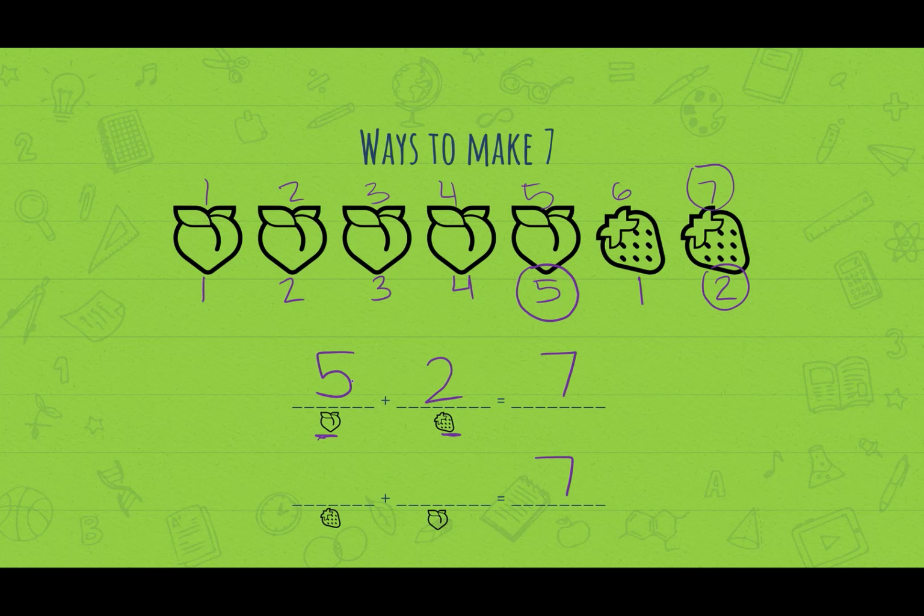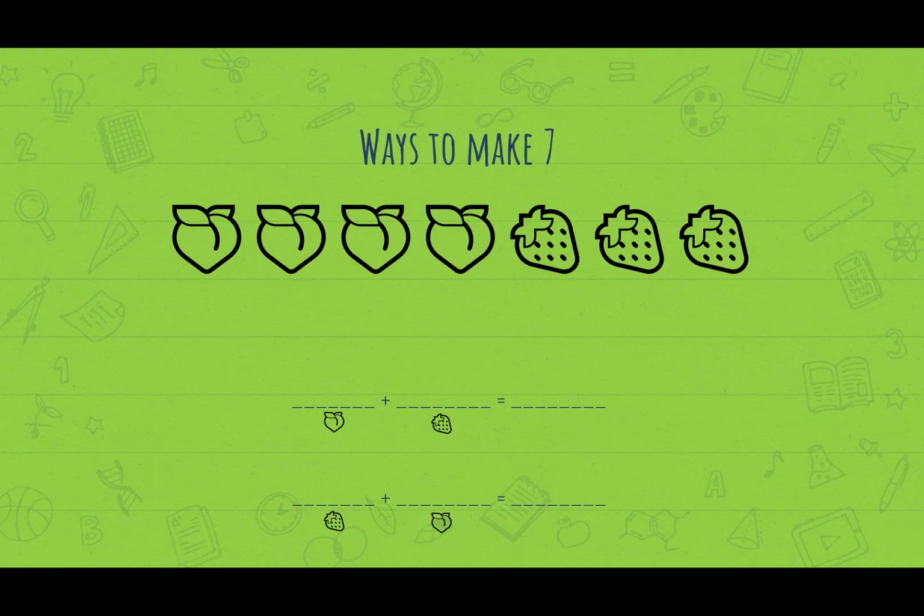So one group of 5 plus one group of 2 is equal to 7 all together. And now let's try it a different way. So we're going to start with our strawberries this time, and then we're going to add our peaches. So we have a group of 2 strawberries plus a group of 5 peaches. We still have 7 fruit all together.